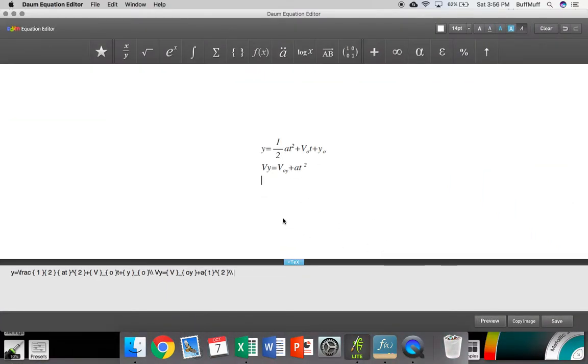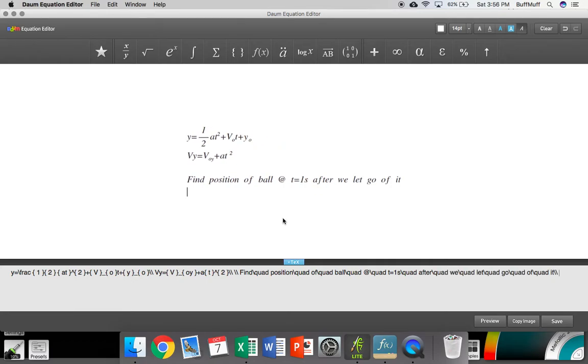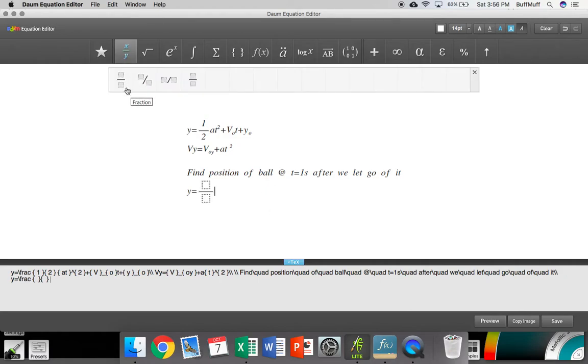To find the position, so let's call this: find position of ball at time 1 second after we let go of it. This y is the position of the ball, and we already have the formula that is going to tell us the position of the ball with respect to time, and that is what we want.